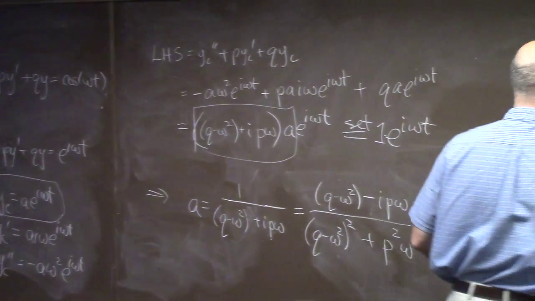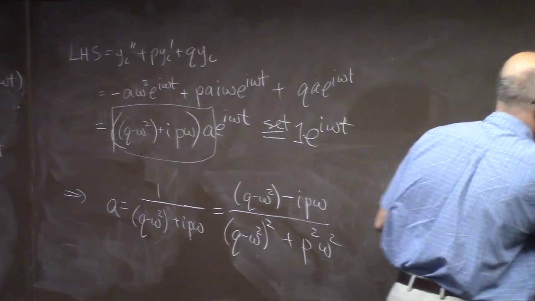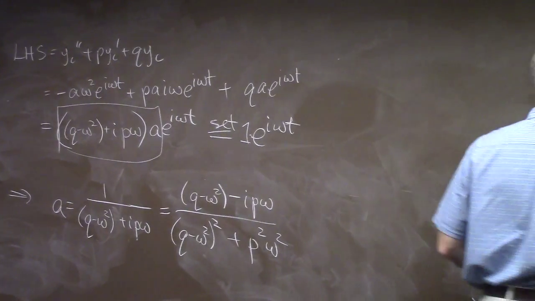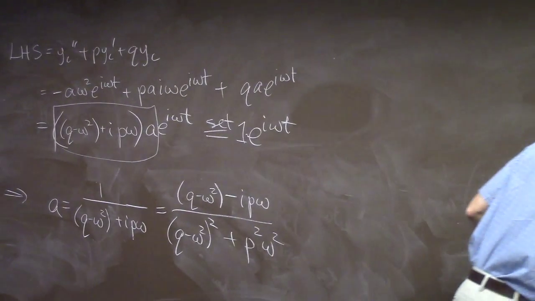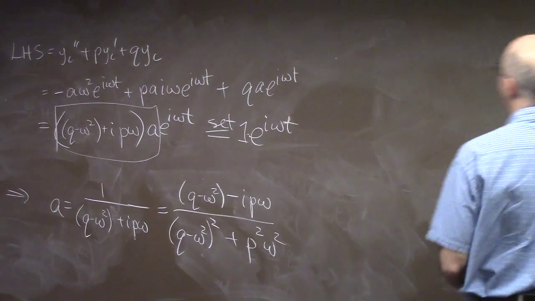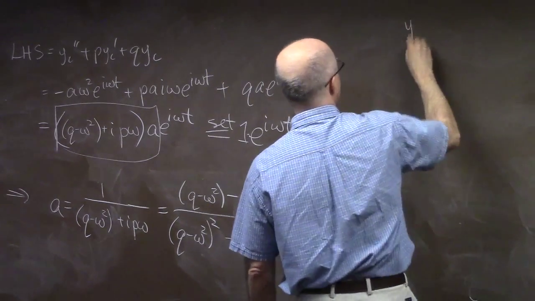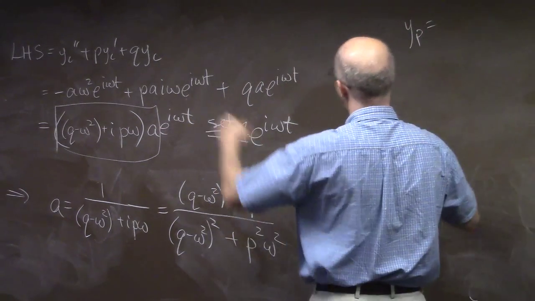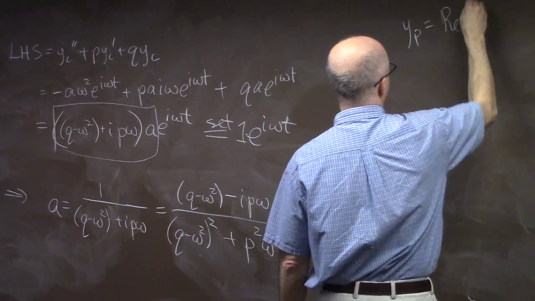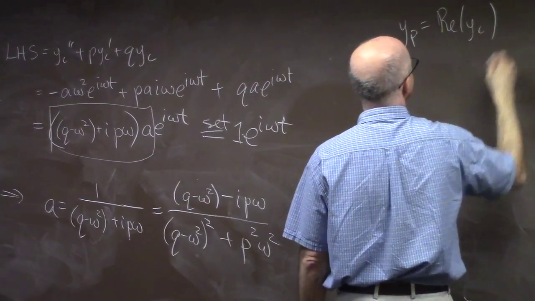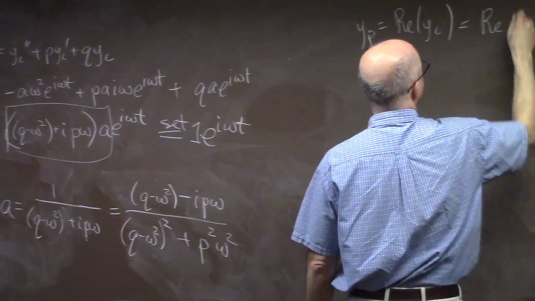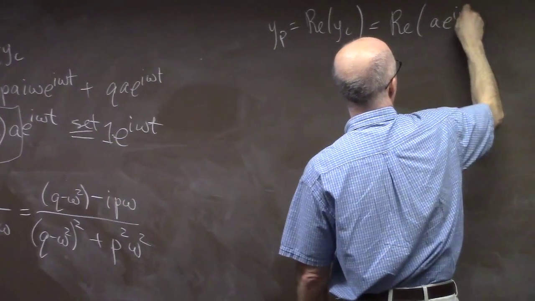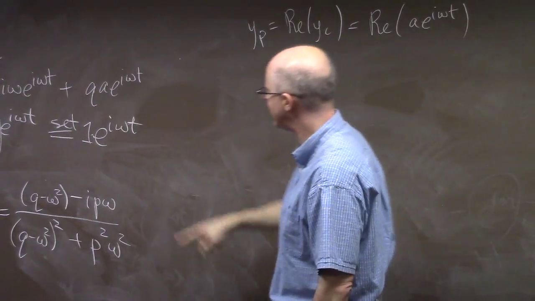Let me just write the answer. Yp, because again the right-hand side is a cosine, is going to be the real part of yc, the real part of a e to the i omega t, where a is that.